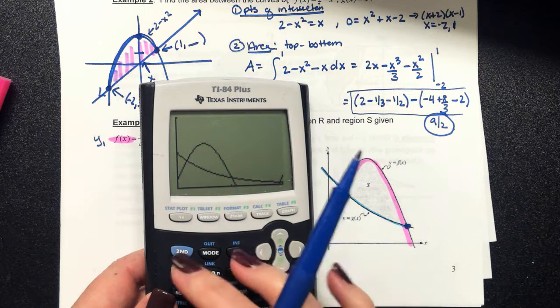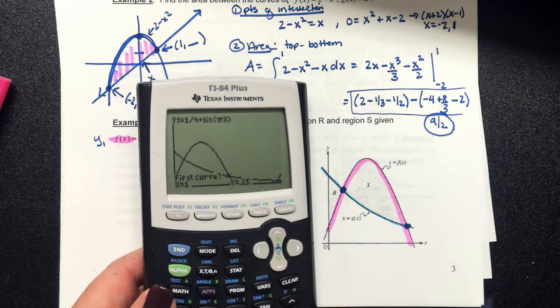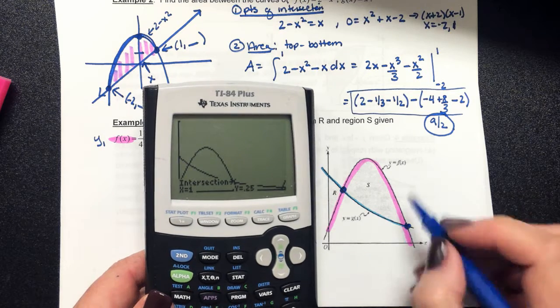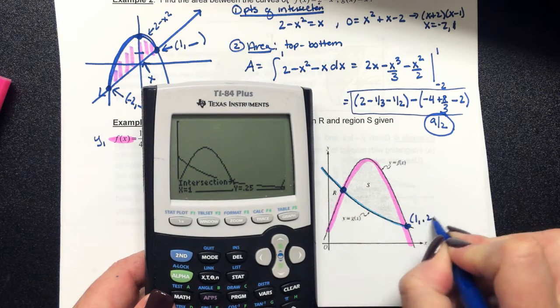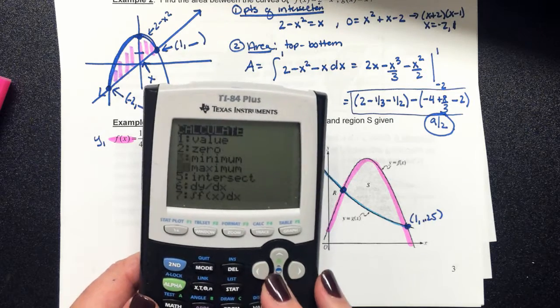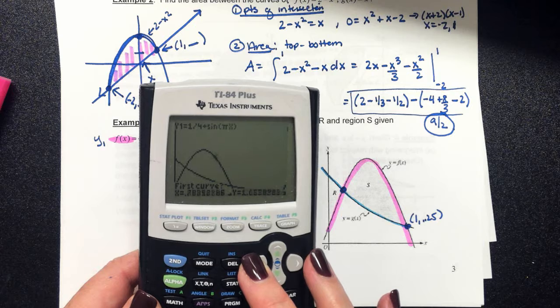So to find the points of intersection, I'll go to second trace, intersect. Doesn't matter which one I find first. This is going to be 1 and 0.25. Second trace, intersect, find my other one.